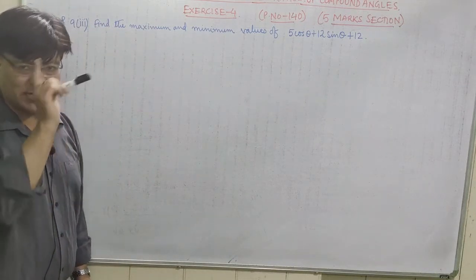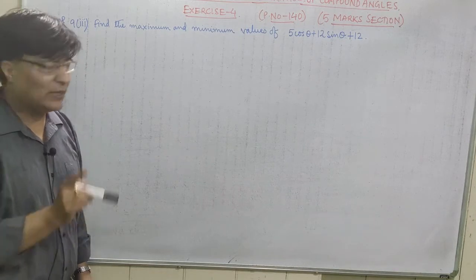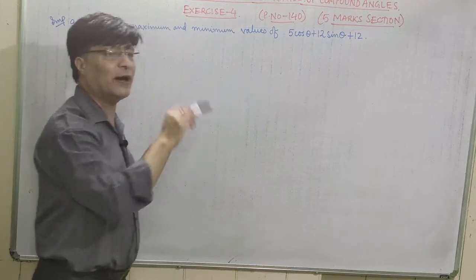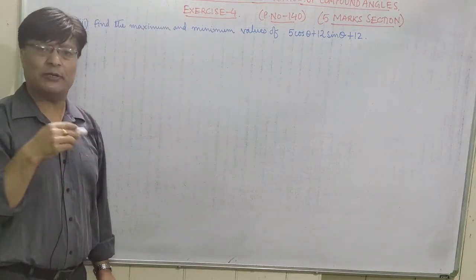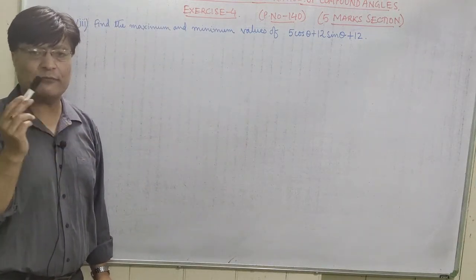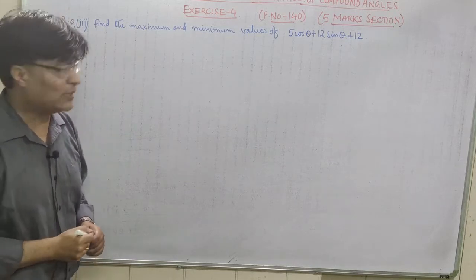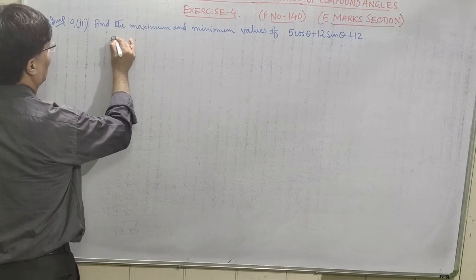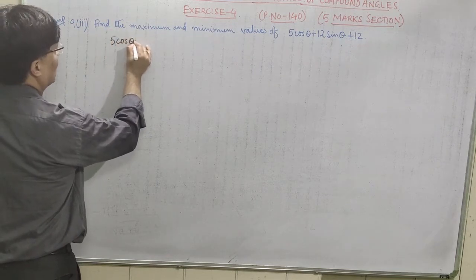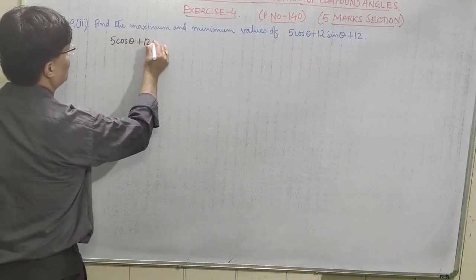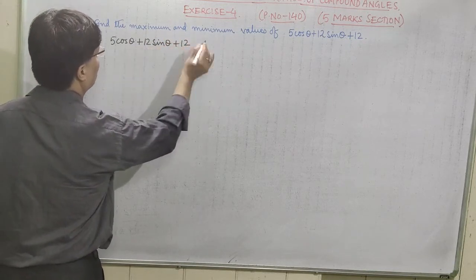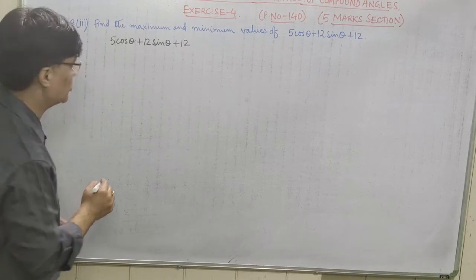Let us express this 5 cos theta plus 12 sin theta in the form of r sine of theta plus beta, that is in terms of compound angle, right? So let us write here 5 cos theta plus 12 sin theta plus 12. You have to get the maximum and minimum value of this expression.